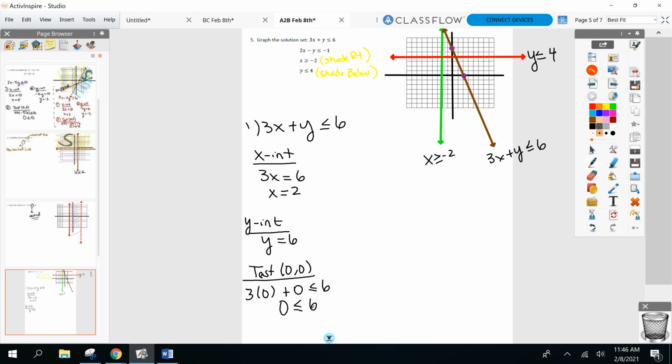Is that true, guys? 0 less than or equal to 6? True? Yes, no? Yep. So that means I would want 0, 0 part of my solution. So when I'm ready, I'm going to shade towards 0, 0.